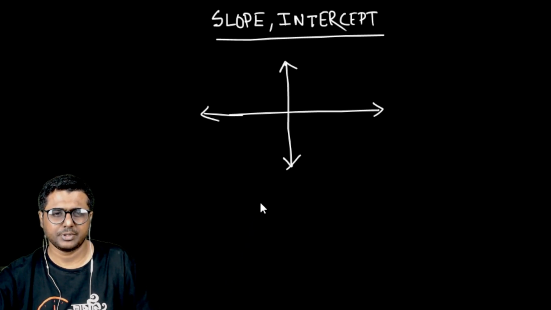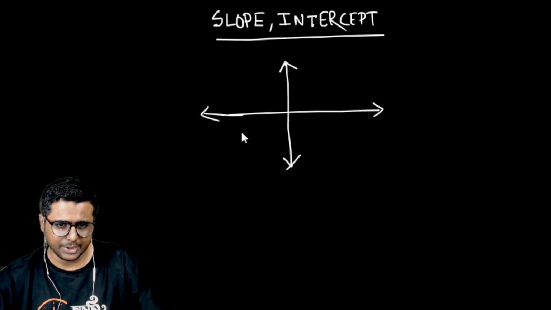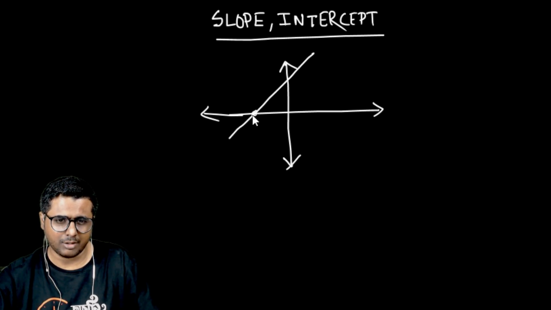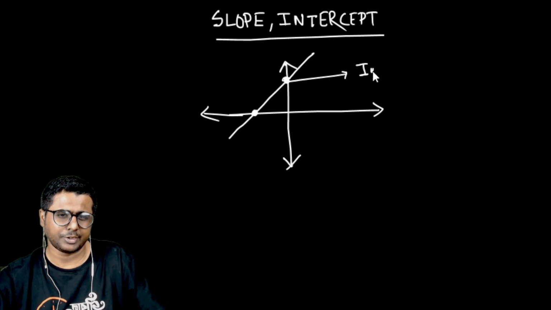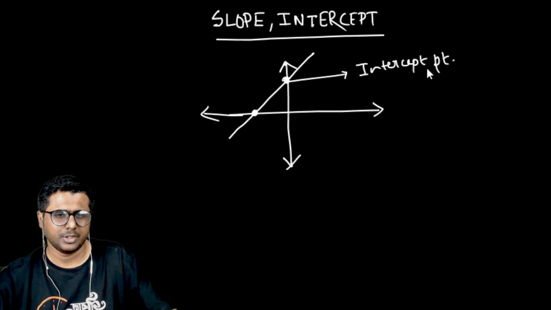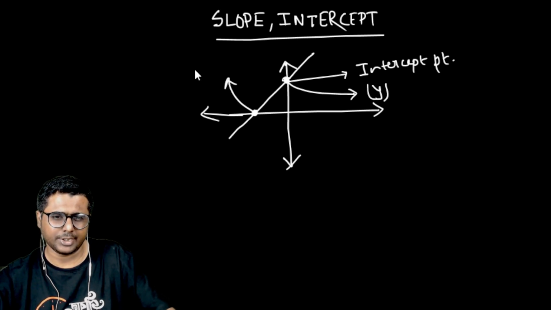Suppose I am talking about a line. Suppose this is my line. This line intercepts the x axis over here and y axis over here. This point is the intercept point. So this intercept you can call as y intercept, and this intercept can be called as x intercept.